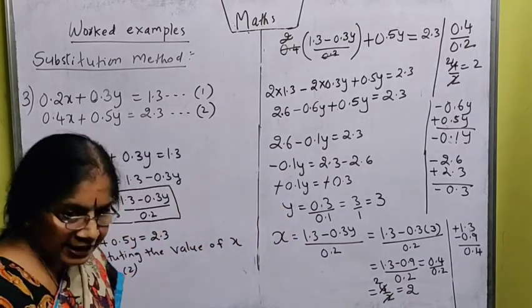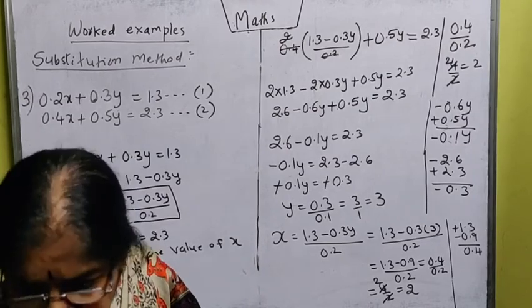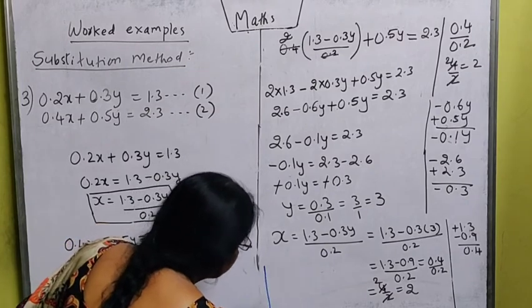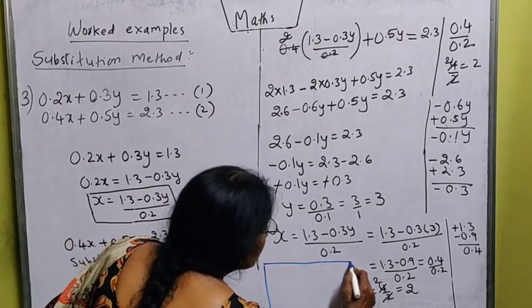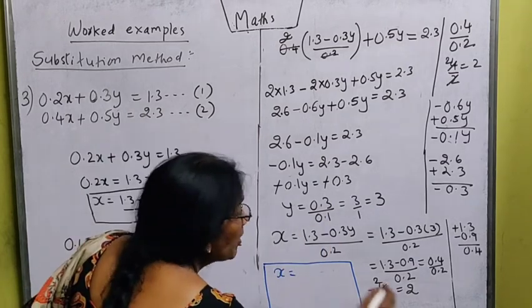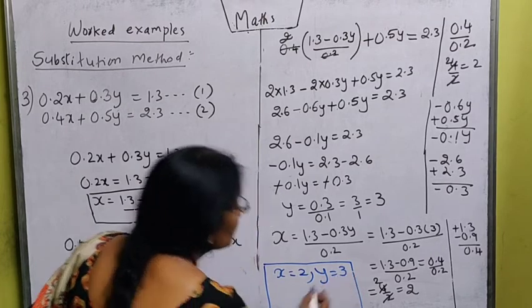So now let us see the values of x and y that we got. We will write them down. So we got the value of x is equal to 2. The value of y is equal to 3.